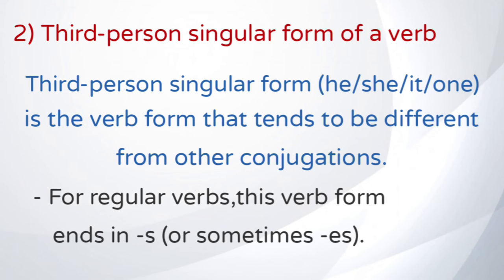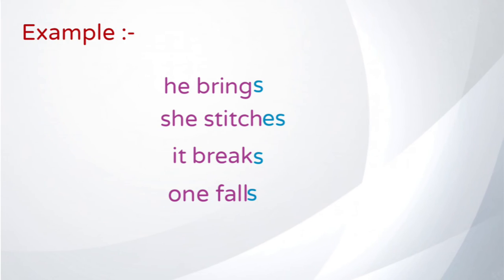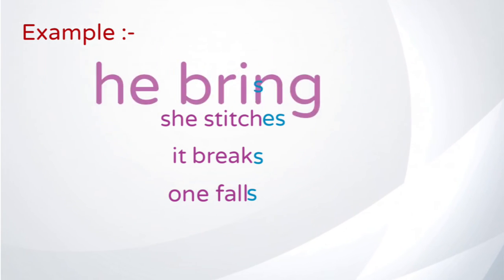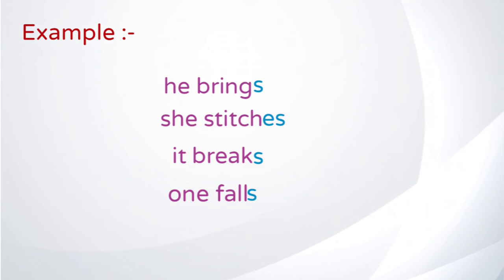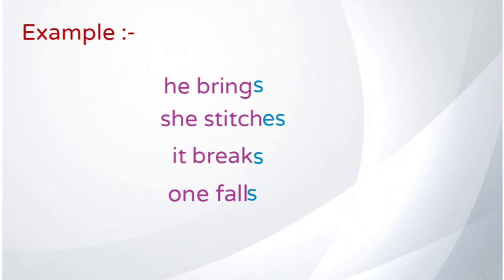One more important point: for regular verbs, this verb form ends in s or sometimes es. Consider the example given here. He brings, she stitches, it breaks, one falls. So you can see here s or es is added.